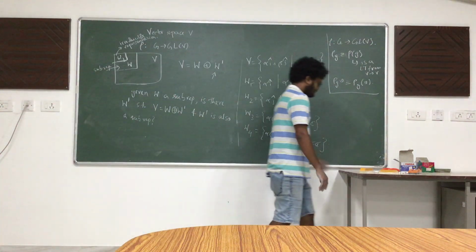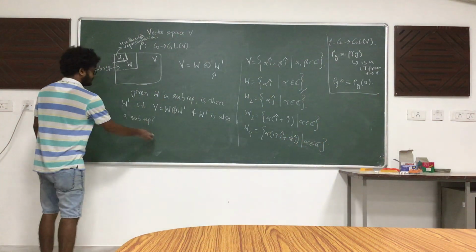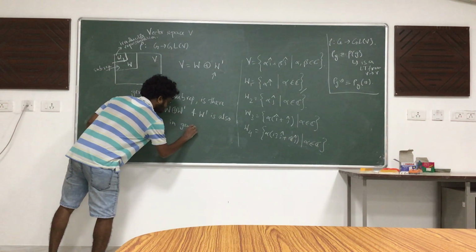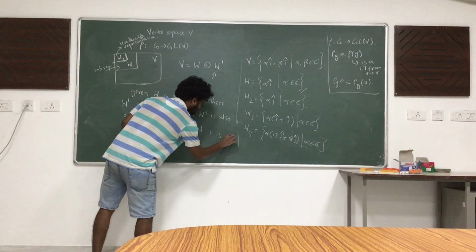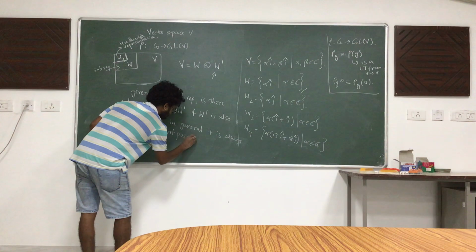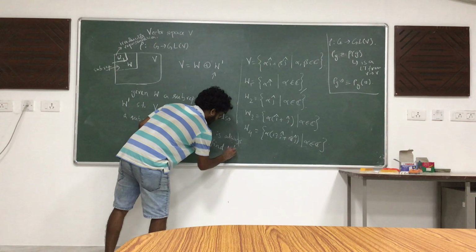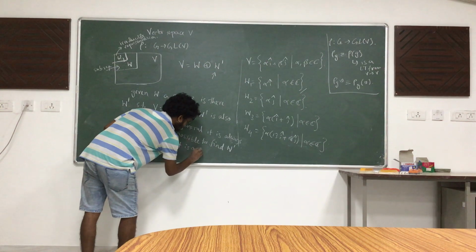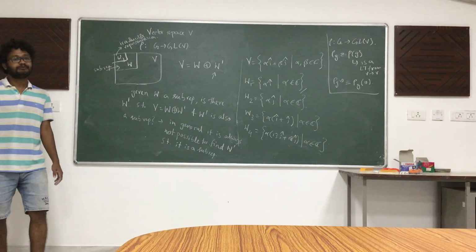Okay, so the technical term would be, the answer to this in general, it is not always possible to find W prime such that it is a subrepresentation. In general, we may not.